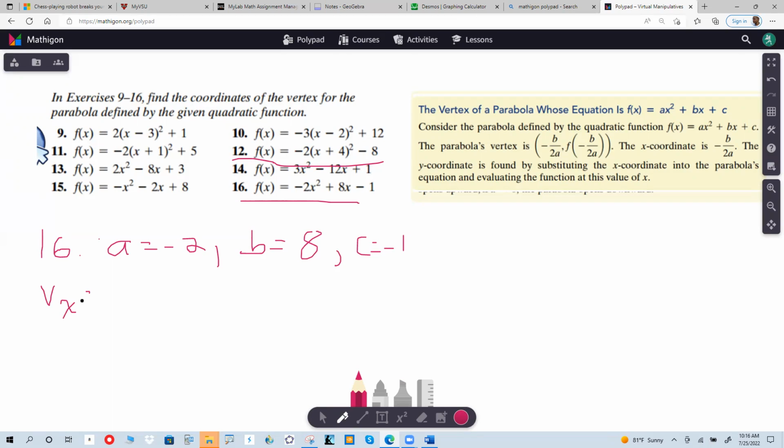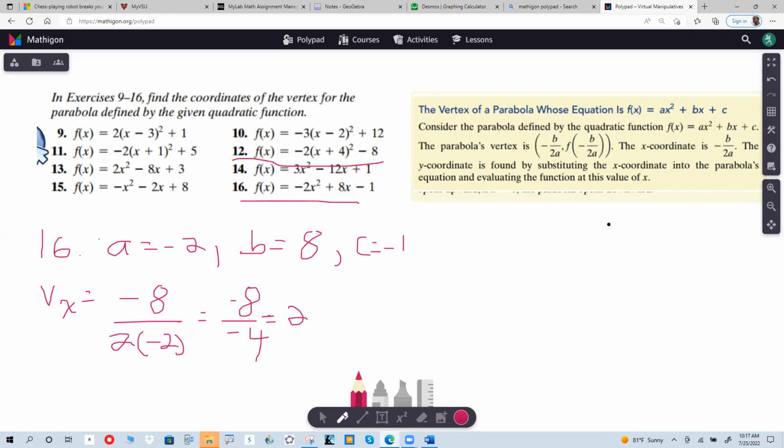Okay, and that has to be minus B over 2A. And that turns out to be -8 over -4. And that's just a +2, if I'm not mistaken. I'm going to graph it, and of course, I'll check. So you would know if I'm wrong or right. If I'm wrong, of course, you guys will tell me. I know that, which is a good thing.